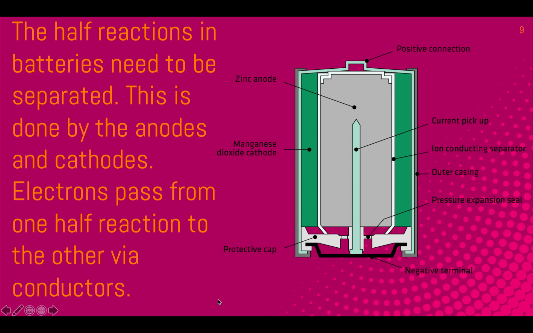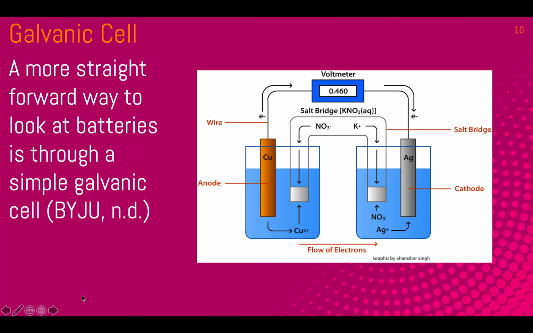So, the half reactions in batteries need to be separated, like we just talked about. And this is done by the anodes and cathodes in batteries. Electrons pass from one half reaction to the other via conductors. So, just to explain half reactions a little bit more, here we have a simple galvanic cell.